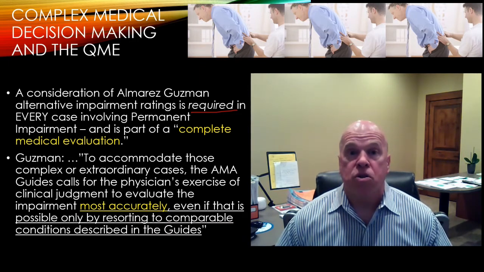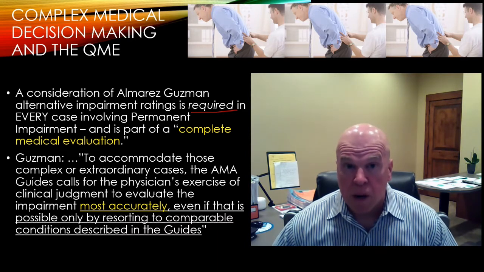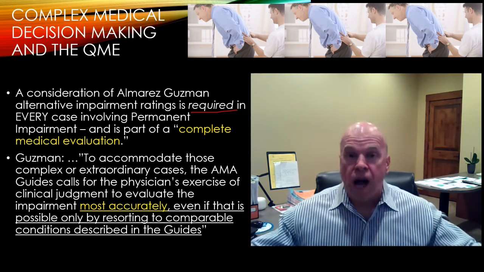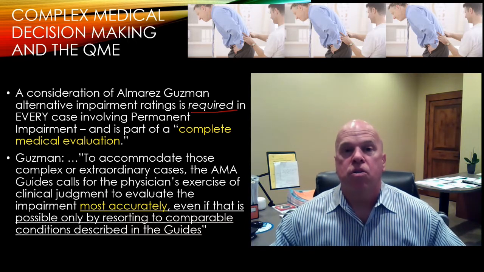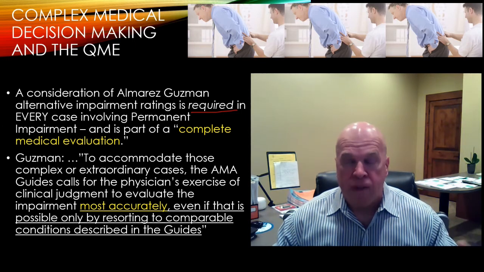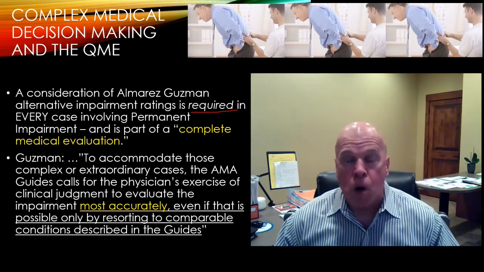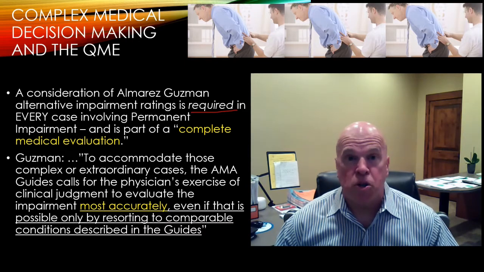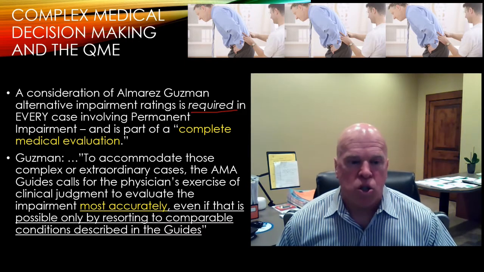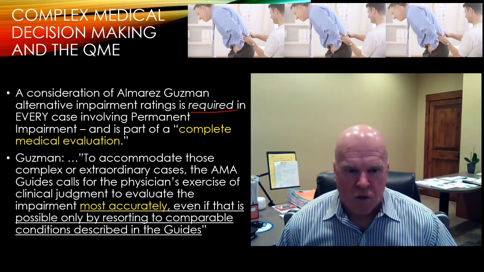Key phrase. Central to our entire discussion today is that you provide the impairment rating from among the entire spectrum of ratings that describe your examinee's condition, that you provide the rating that among all of those is the most accurate description. Even if that is possible only by resorting to comparable conditions described in the guides.